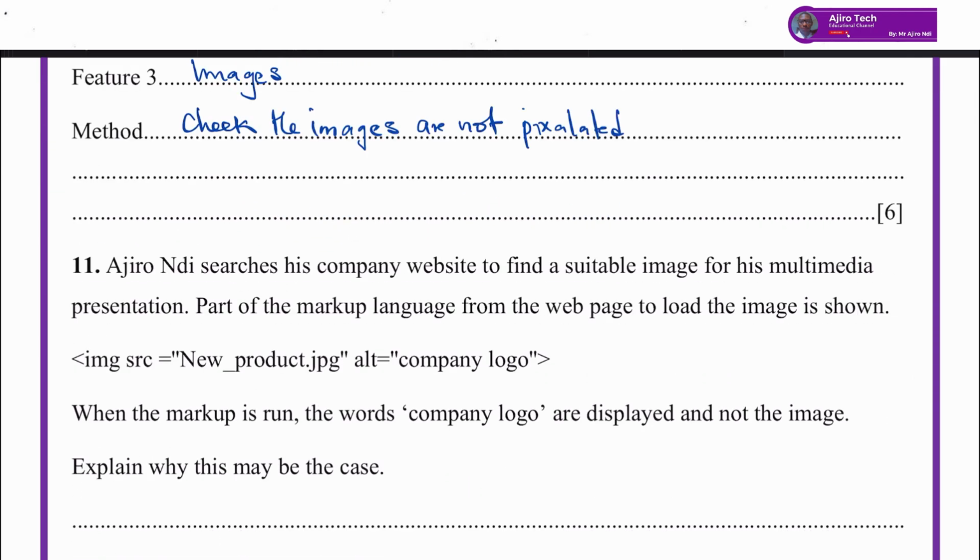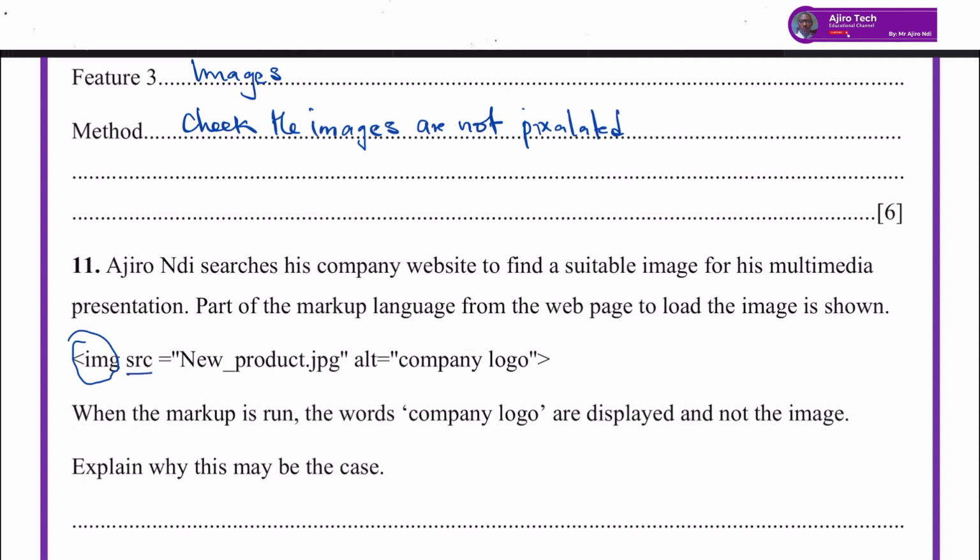Ajiro ND searches his company website to find a suitable image for his multimedia presentation. Part of the markup language from the web page to load the image is shown. So this is the tag for your image. You have the img as the HTML tag.